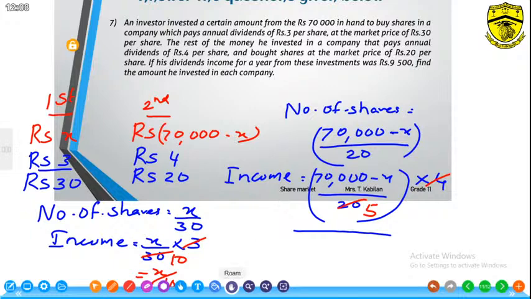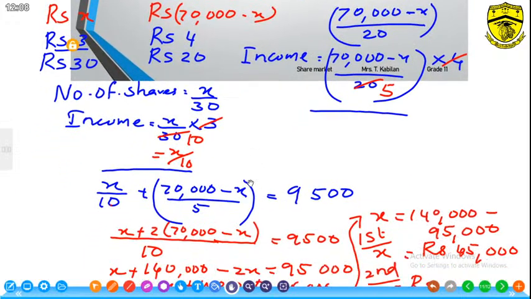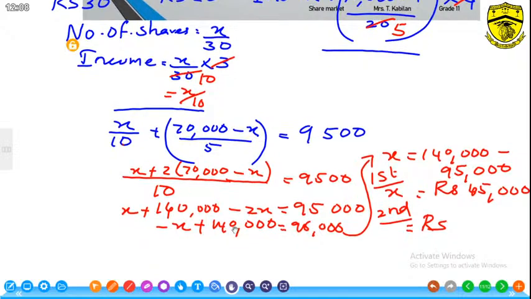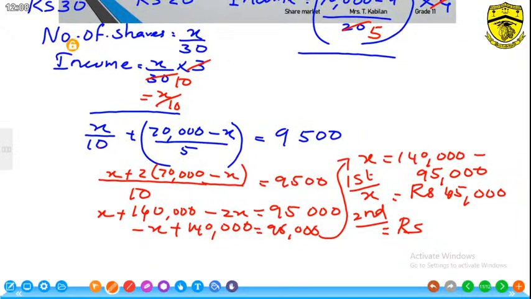So you subtract 45,000 from 70,000, and you will obtain rupees 25,000 as the invested amount in the second company.